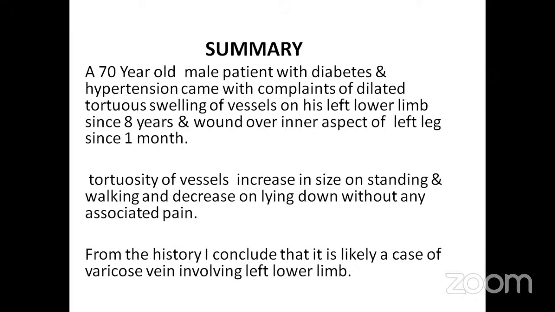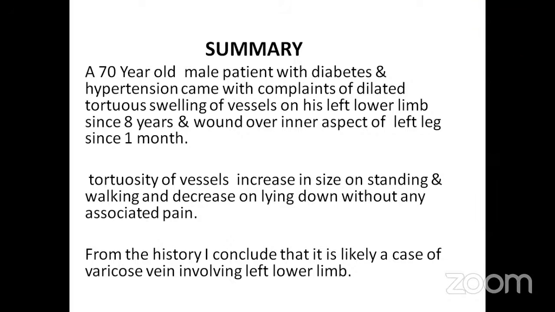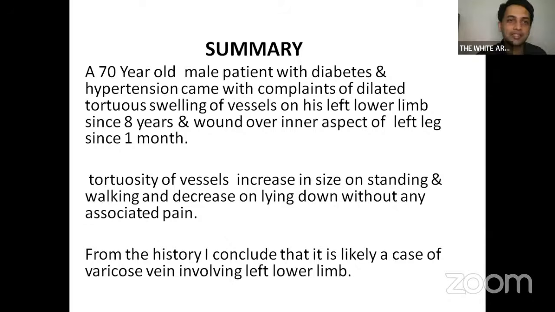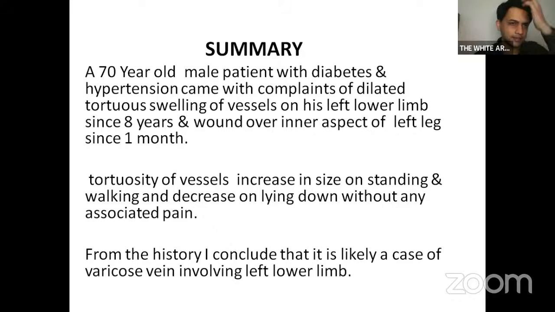Then esophageal varices. Very good. Then hemorrhoids. Wonderful. Then the bare area of the liver. Then in males, testicular varicose veins, the pampiniform plexus. Also in the retroperitoneum and even vulval varicosities. But the most common is varicose veins of the lower limbs.